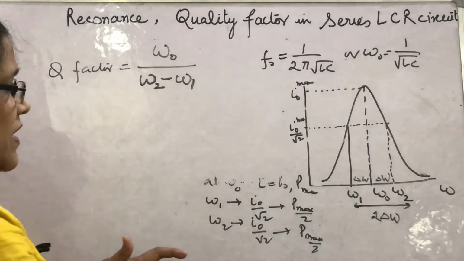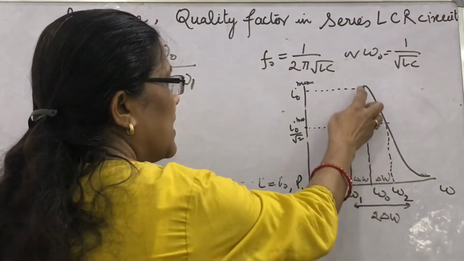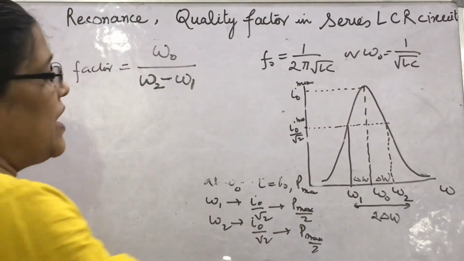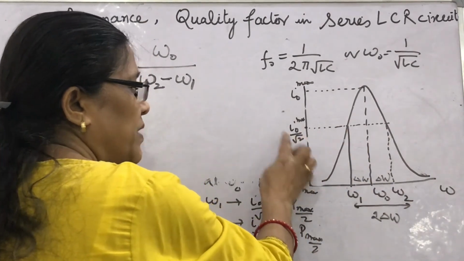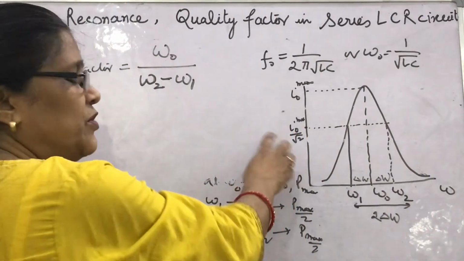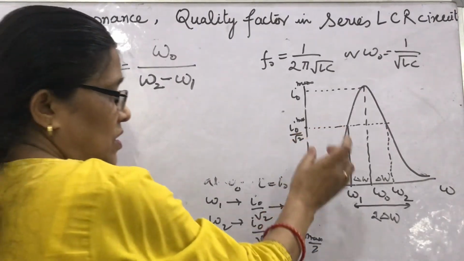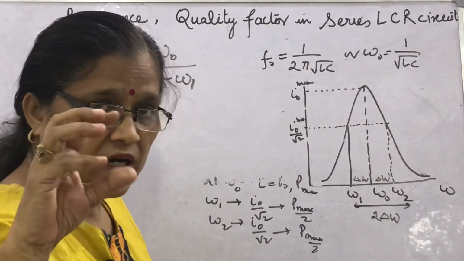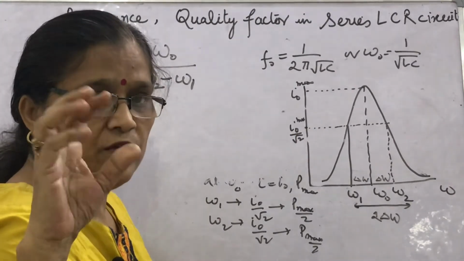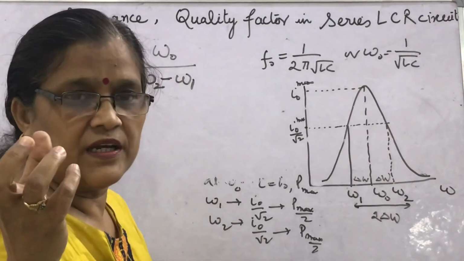Look here that at omega naught the current is maximum, and at omega 1 and omega 2 the current is I naught by root 2, maximum current by root 2. Whenever we rotate the knob, we are adjusting because we want to listen to a particular signal in the radio.